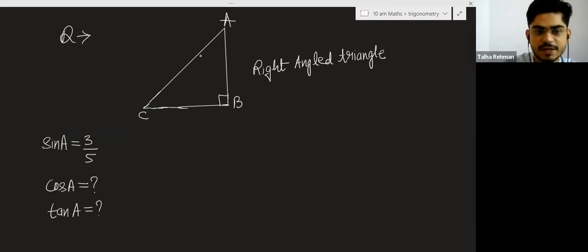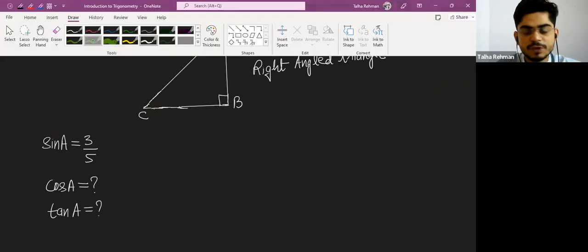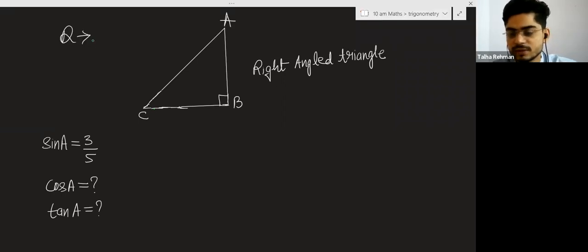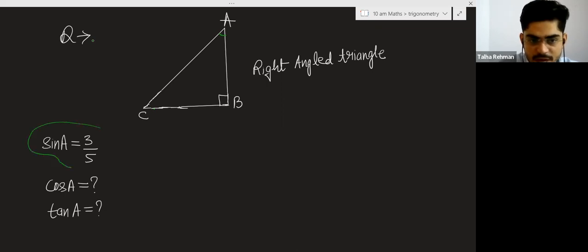This sin A is given. So Myra, now in this question, we will first find what is hypotenuse, what is base, what is perpendicular. They are talking about this angle this time, angle A. Sine of angle A is given to us.